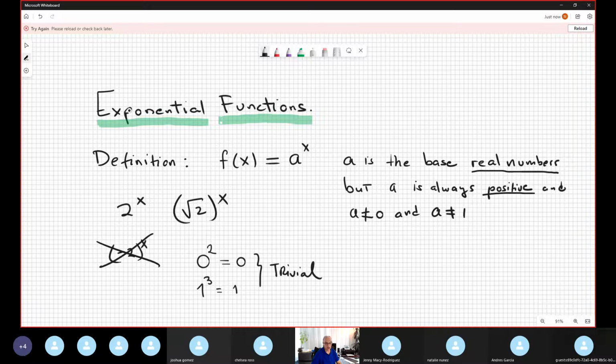And negative, never, illegal. And positive, yes. Be rational, maybe a fraction. It's a perfect example for the exponential function.